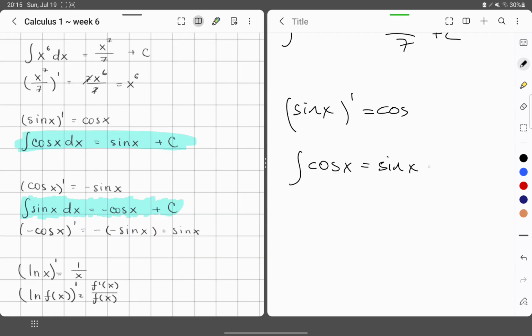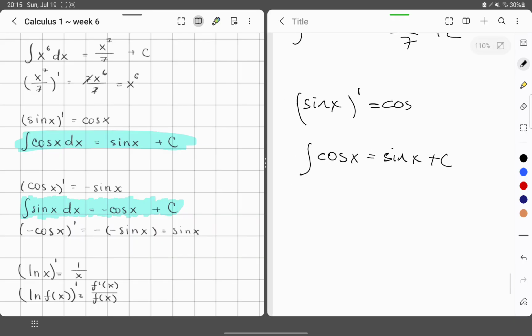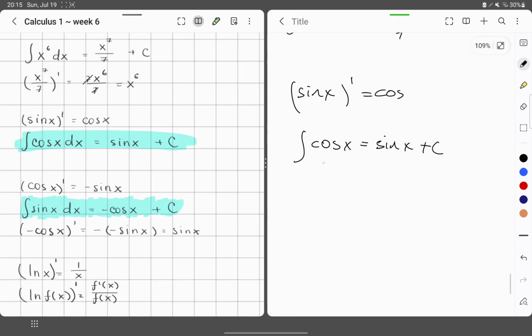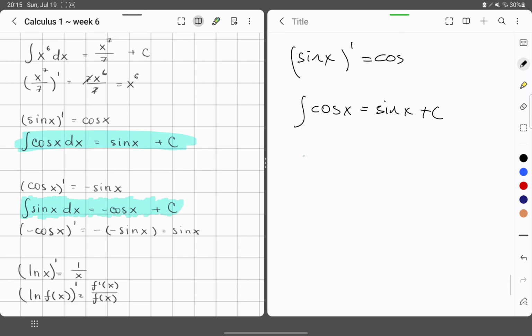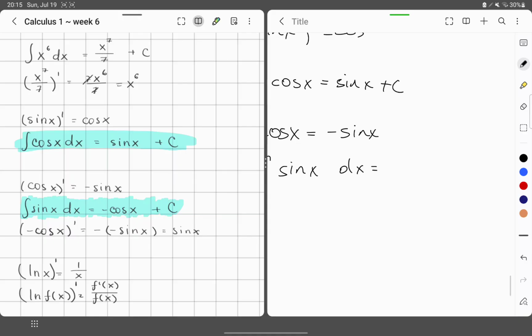Sine x plus c, because the derivative of cosine x equals negative sine x, and the integral of sine x dx will be what?